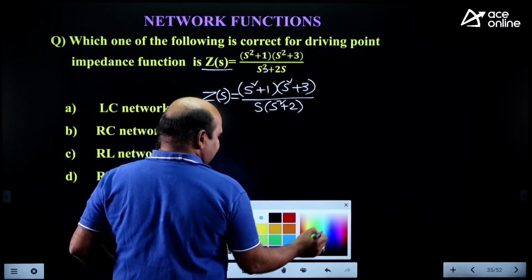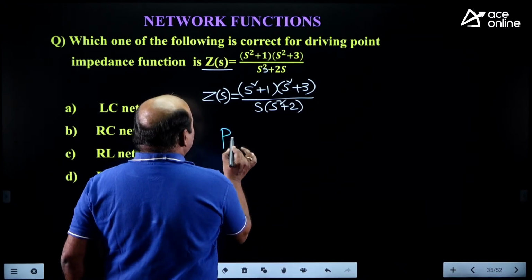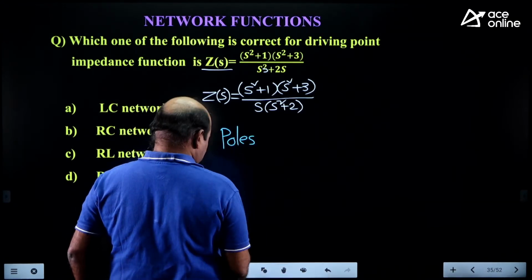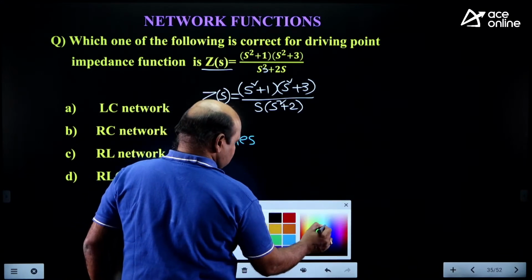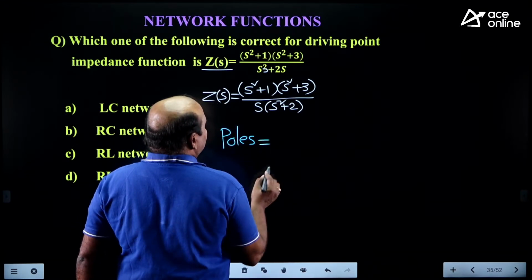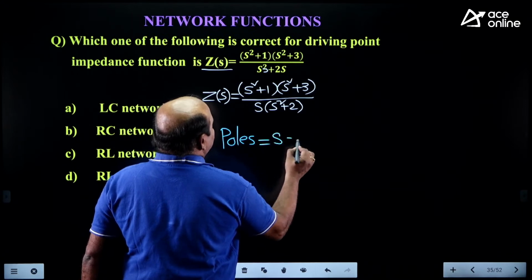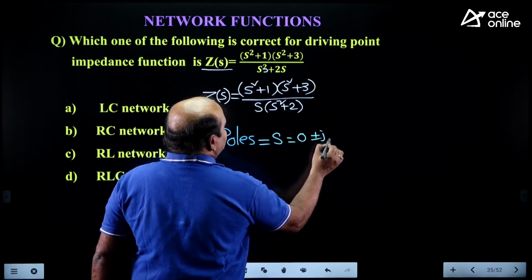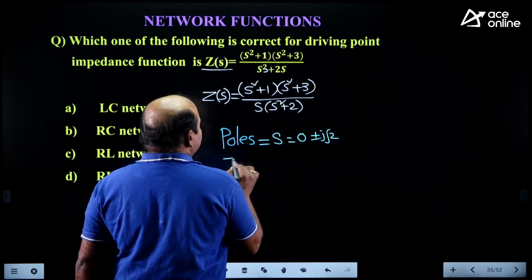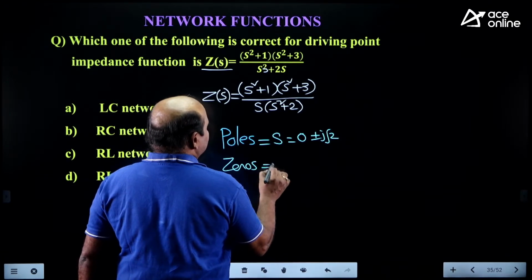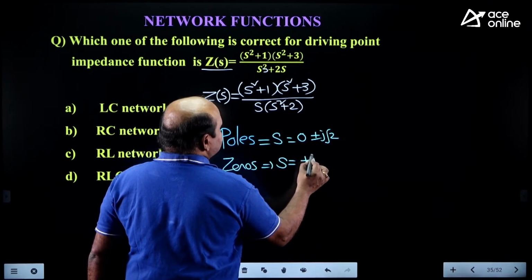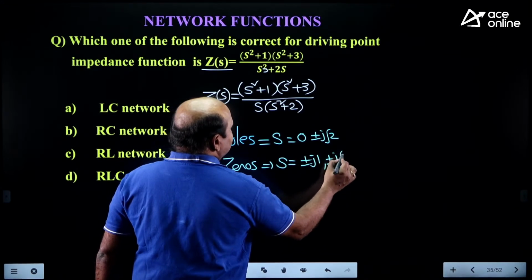Poles are s equal to 0 and plus or minus j root 2. Zeros are plus or minus j1 and plus or minus j root 3.